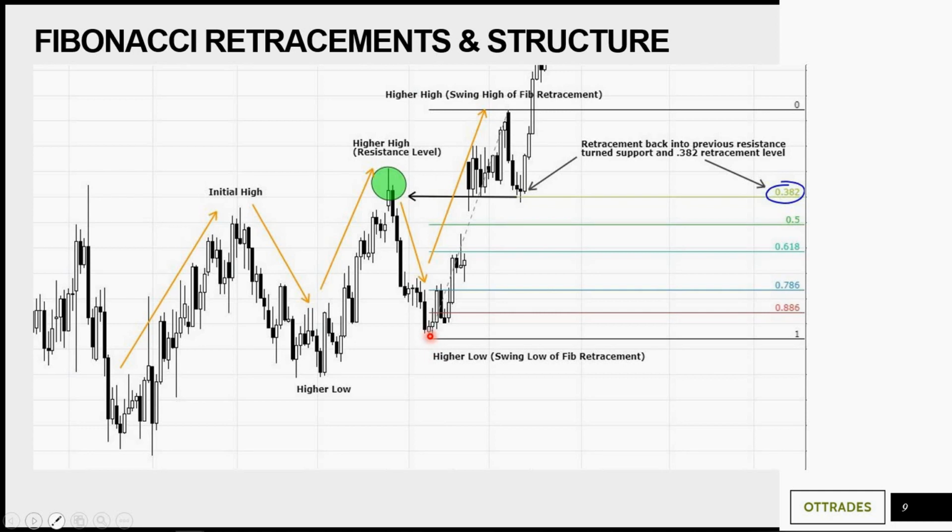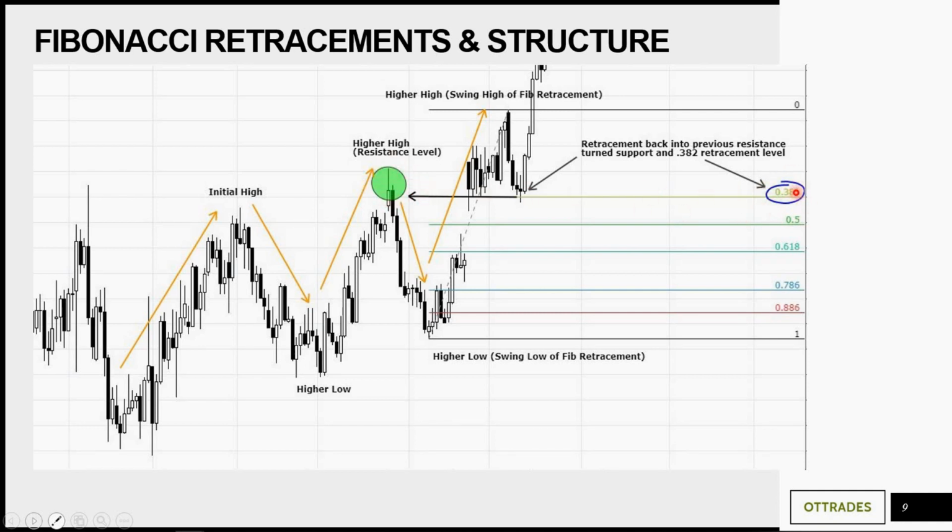Now from the swing low, which is our 100% point, pulled up to our swing high, which is our 0% point, so our start and finish points, we have a Fibonacci retracement level matching up with this support zone.